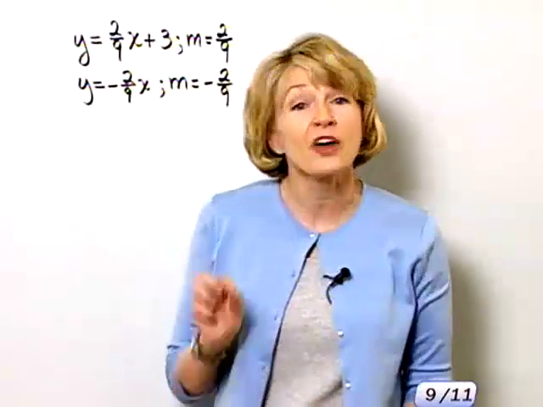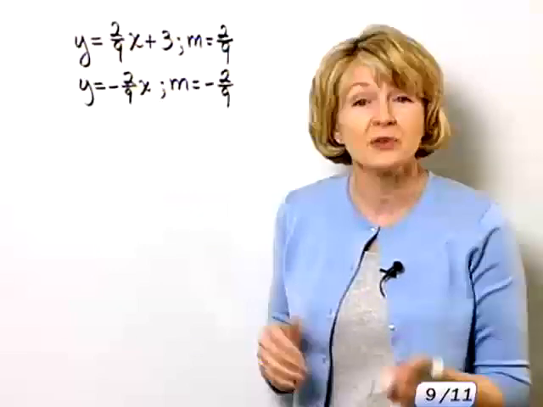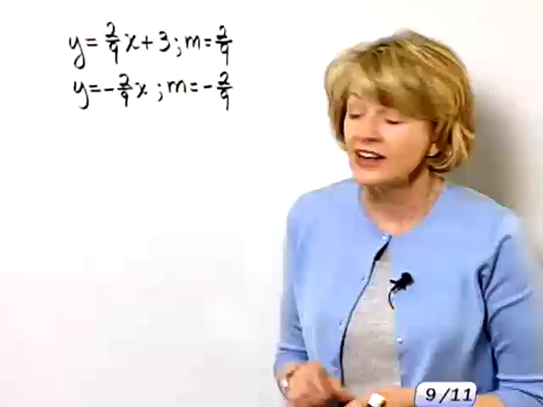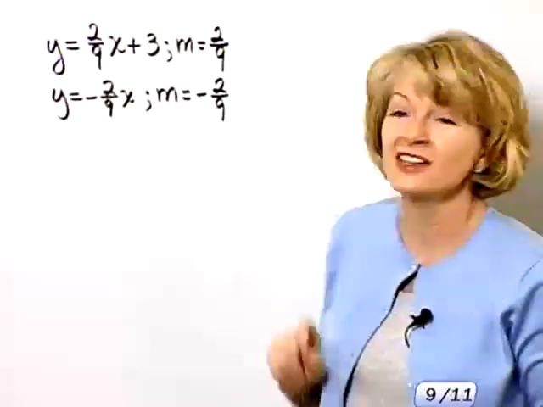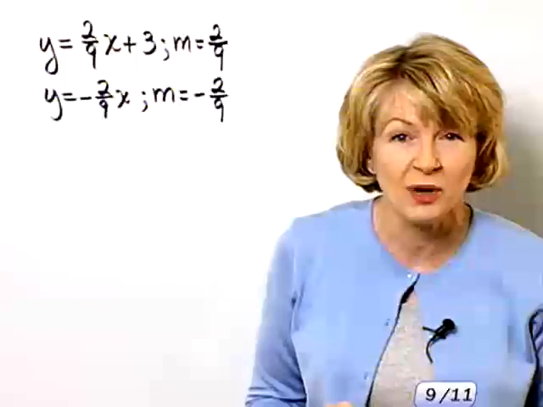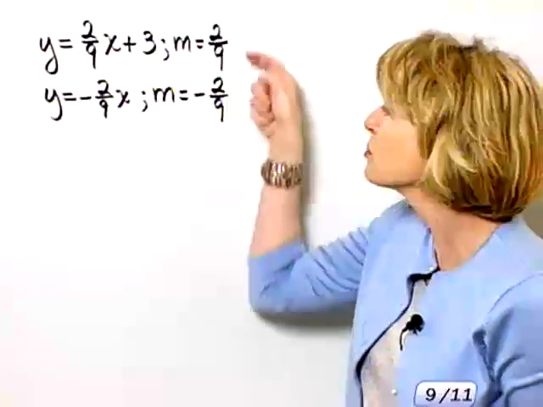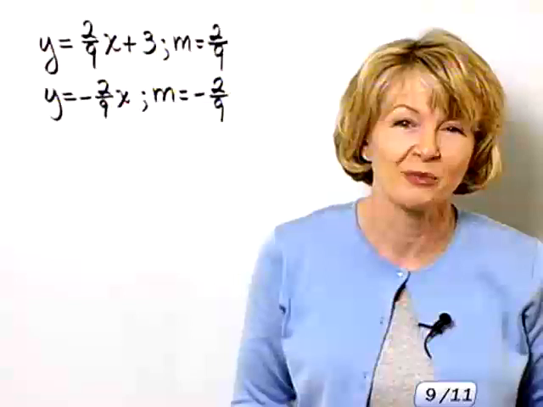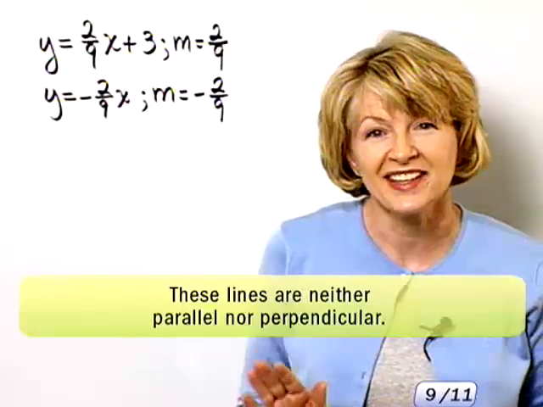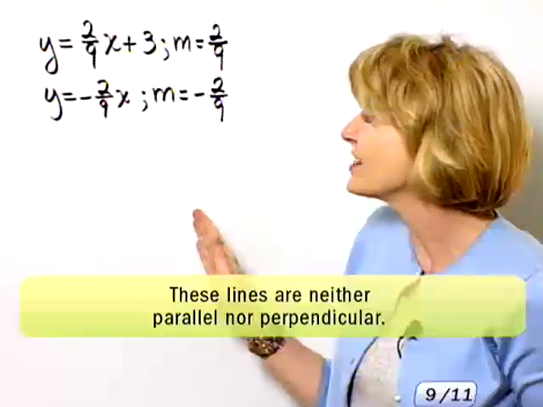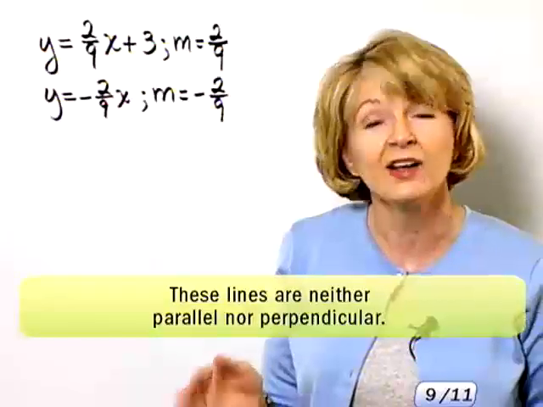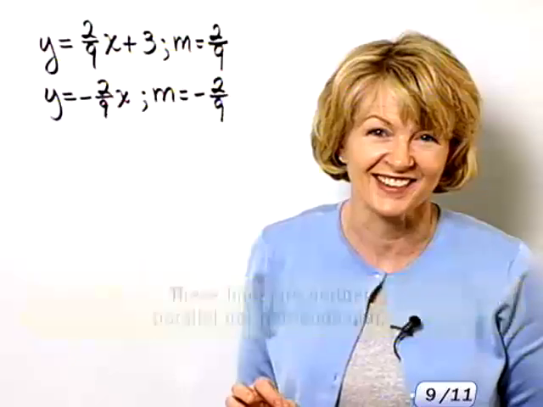Now these slopes are not the same, so we do not have parallel lines, and we can check and see if the product of these two slopes is -1. You can check, but this product is not -1, so we don't have perpendicular lines. These lines are neither parallel nor perpendicular.